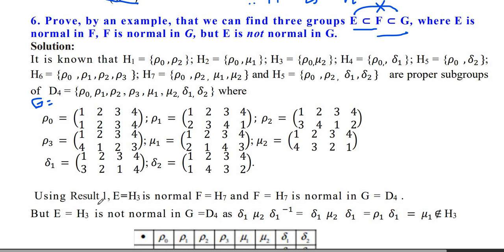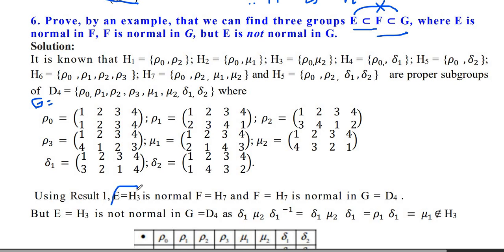Whenever the index of H in G is 2, H is normal. So if we consider H7, it is of index 2. So E is normal.